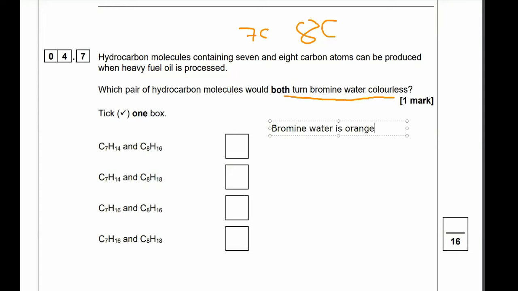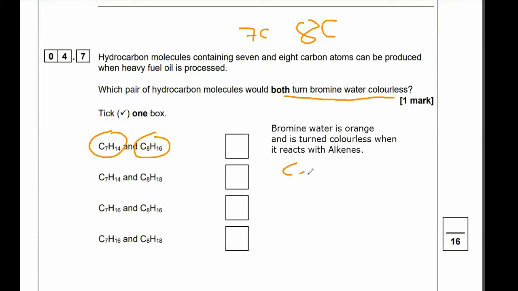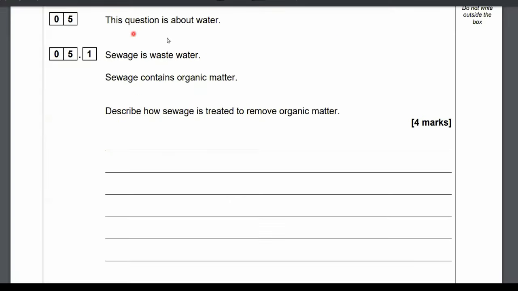It's CnH2n. So you're looking for any molecules which have double the amount of hydrogen than they do carbon. So you want to go through all of these and check, do they have double the hydrogen than the carbon? So C7H14 and C8H16, they've both got exactly double the hydrogens to the carbons. So that's the correct answer. The others have either got too much hydrogen or too little hydrogen. And there we go. That's your correct answer.